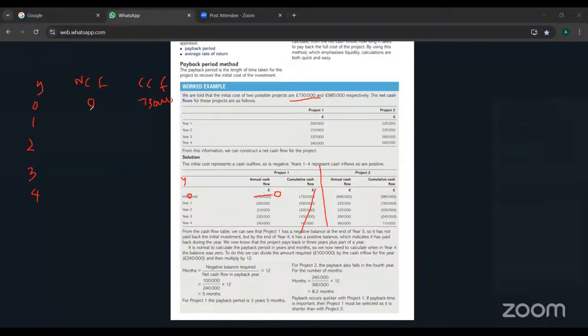Now year 1. So all the net cash flow, in the question they will give. So year 1 it's 200,000. Year 2 it's 210,000. And year 3 it's 220,000.